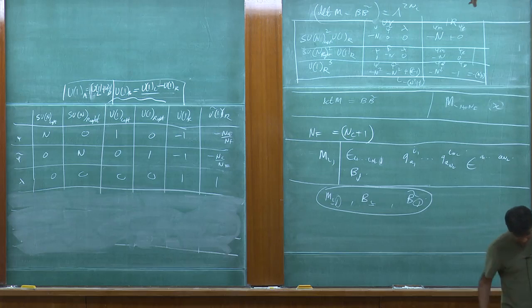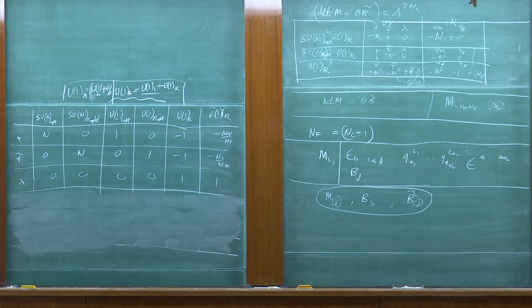which was det M equals B B tilde. Okay? Here, B will be an anti-fundamental of SU(N_F) because we have epsilon contracted.